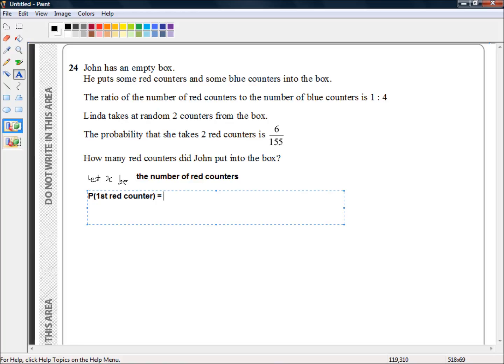So the probability of pulling a red counter is 1 in 5. We also know that if there's x number of red counters, then the probability of getting a red counter is the total number of red counters out of the total number of counters. So that is also equal to x out of 5x.